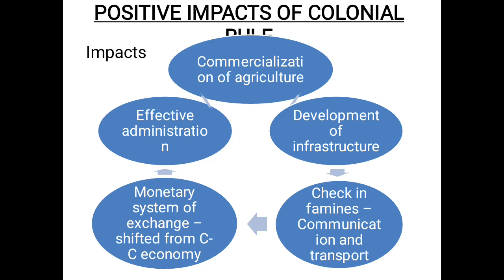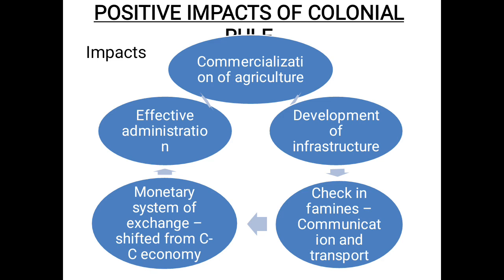Now, the last topic of our first chapter, positive impacts of colonial rule. All these points we have discussed in various sections in part 1, part 2, and this part 3.